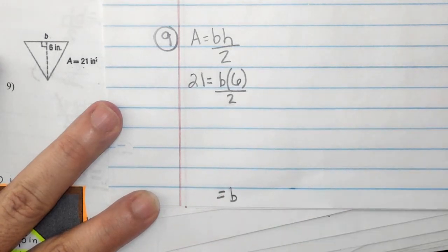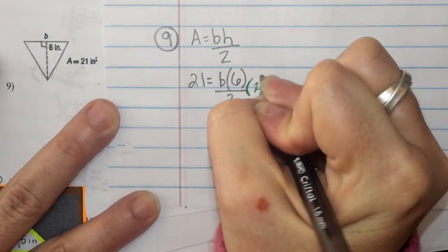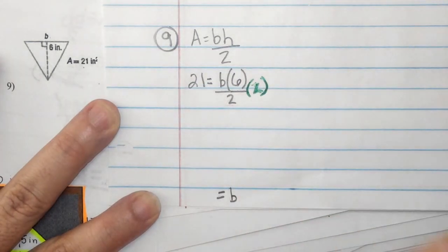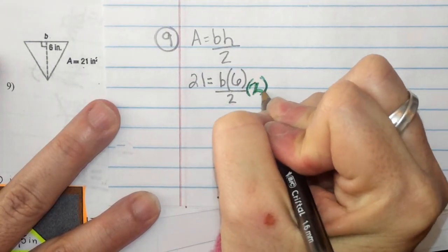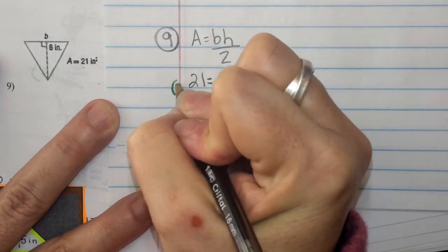The opposite is times 2, right? So we're going to do times 2 on both sides. And what I do to one side, I've got to do to the other.